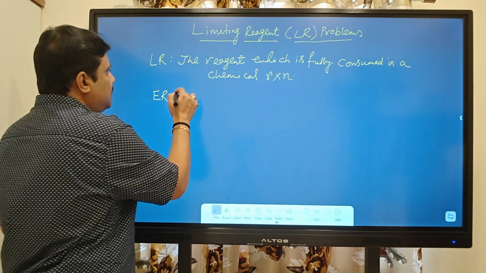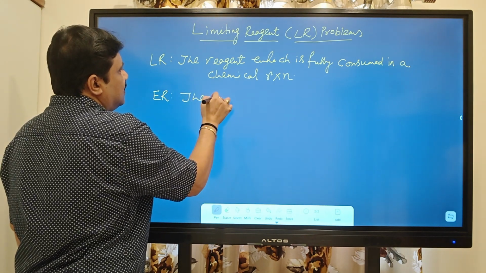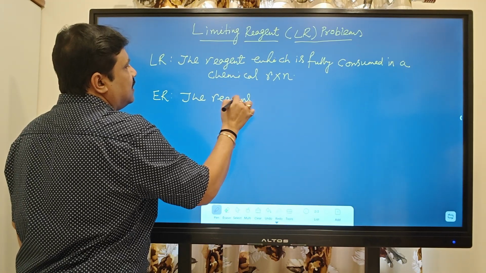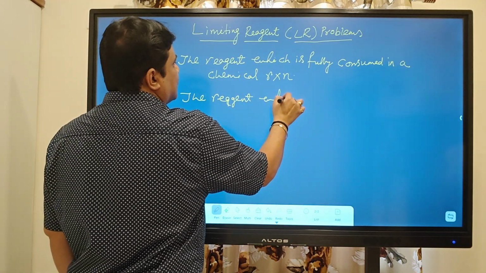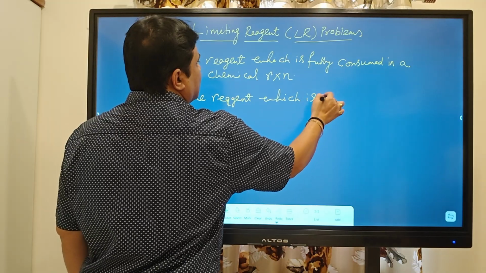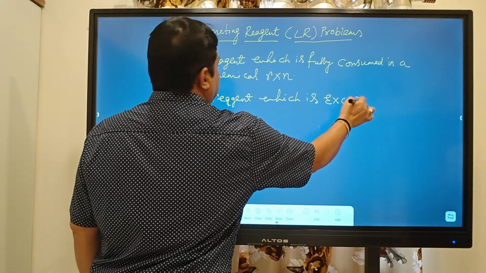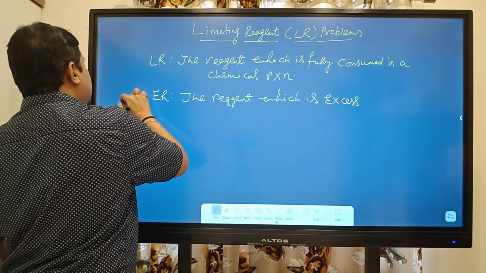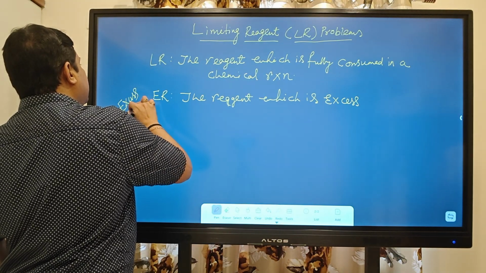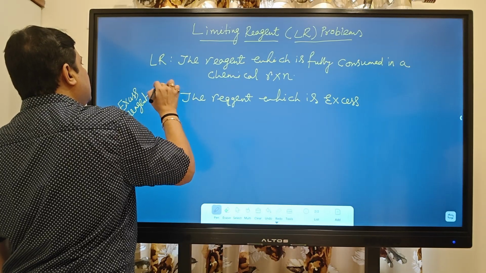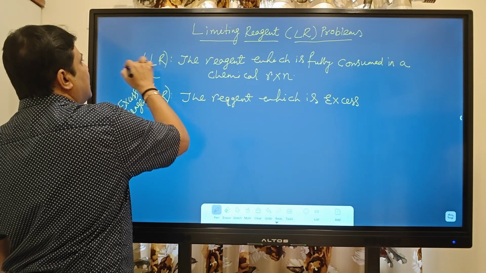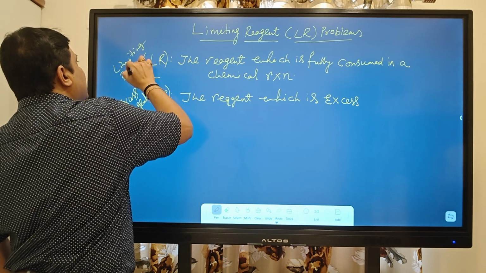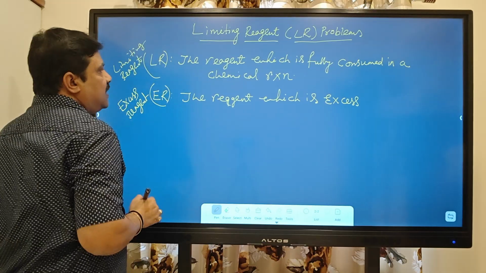Now the excess reagent: the reagent which is in excess is called the excess reagent. Here I am writing excess reagent, and the excess reagent we write as ER, and limiting reagent as LR. The reagent which is in excess is called the excess reagent.